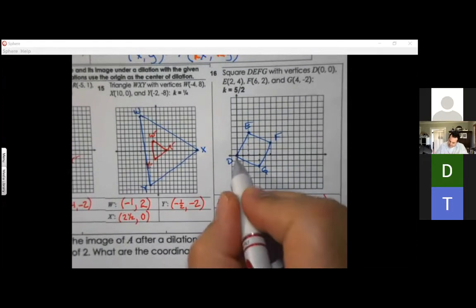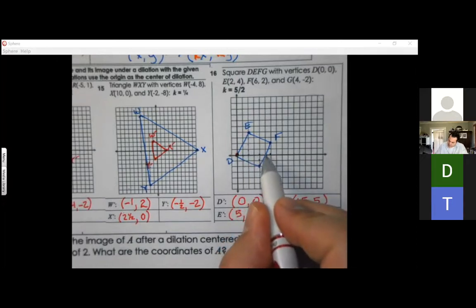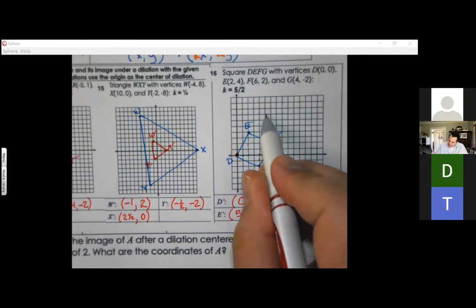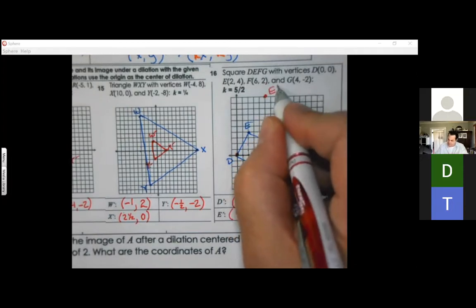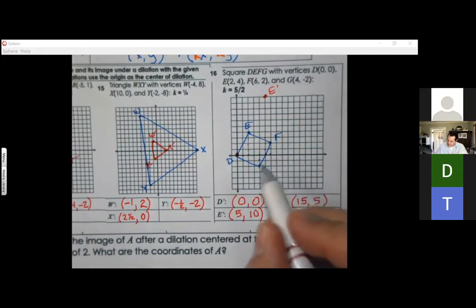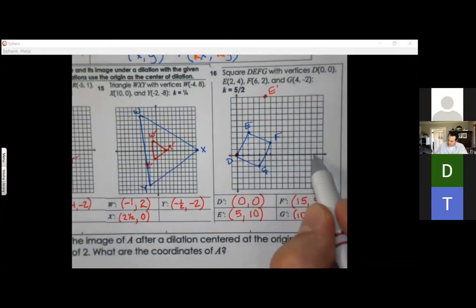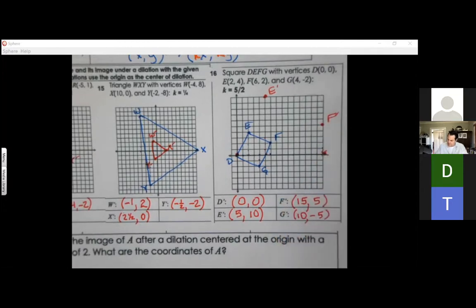Last one, 0, 0, 1, 2, 3, 4, 5, 1, 2, 3, 4, 5, 6, 7, 8, 9, 10. There's E prime. 1, 2, 3, 4, 5, 6, 7, 8, 9, 10, 11, 12, 13, 14, 15. 1, 2, 3, 4, 5. There's F prime. Shouldn't have marked that.